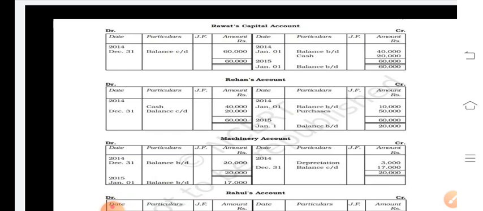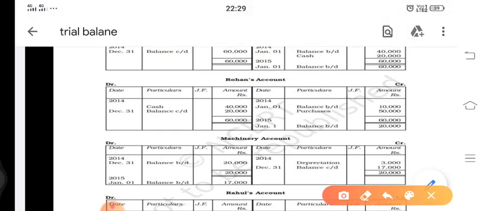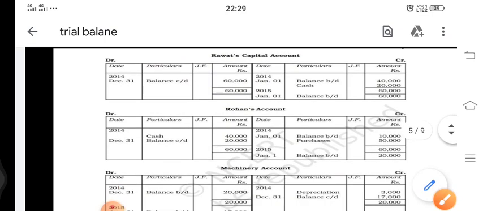Here if we talk about Rawat's capital account, since Rawat's capital was credited, if we just hide this balance carried down, because it is the balance that is adjusted at the end, at credit it was 60,000 and at debit there was no balance, which simply means that capital is having credit balance, and since debit was 0, we have adjusted the entire 60,000 as balance carried down.